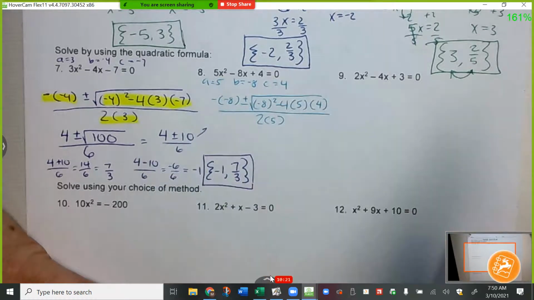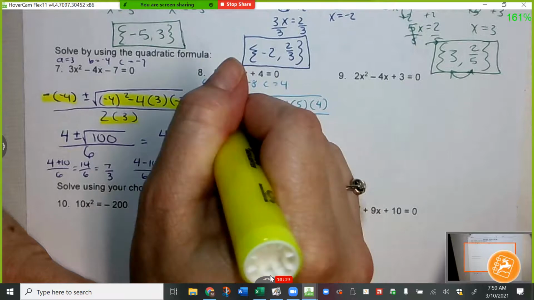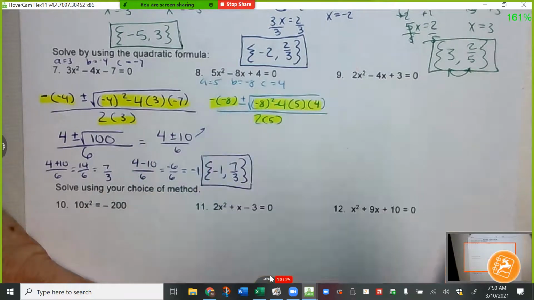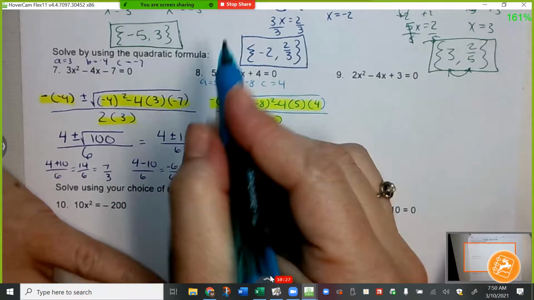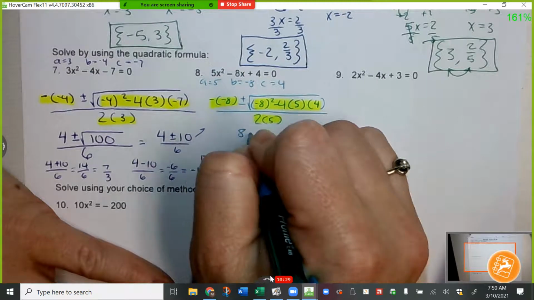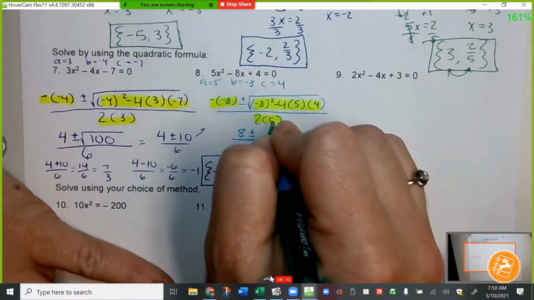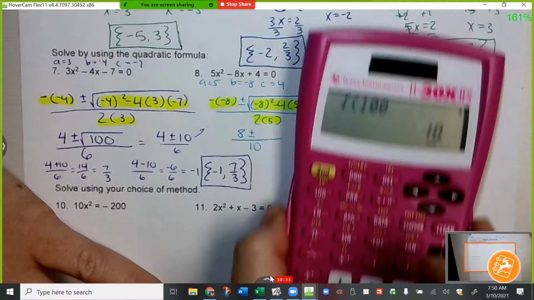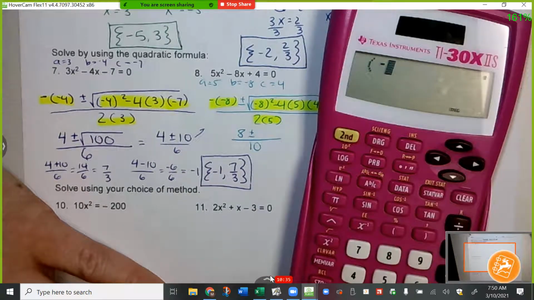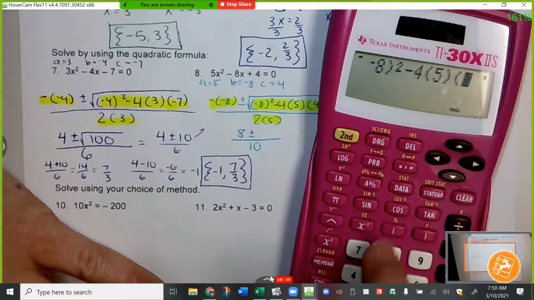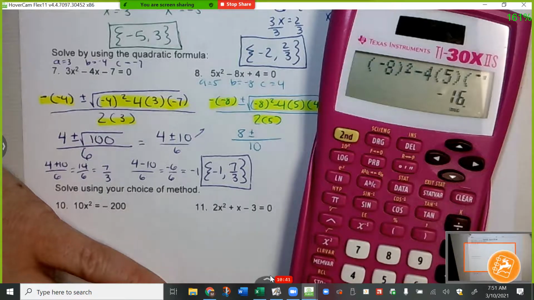So again, we simplify the three parts. 2 negatives makes a positive. 2 times 5 is 10, and inside the house, negative 8 squared minus 4 times 5 times 4, and I get negative 16.